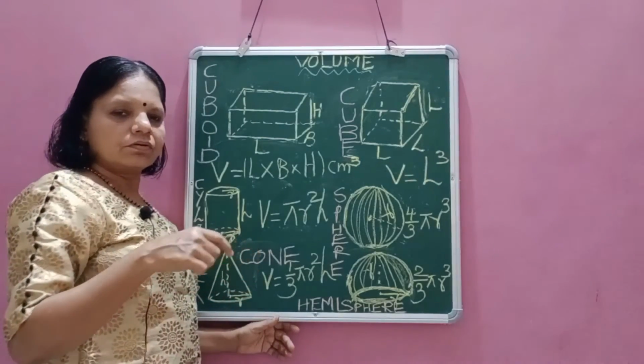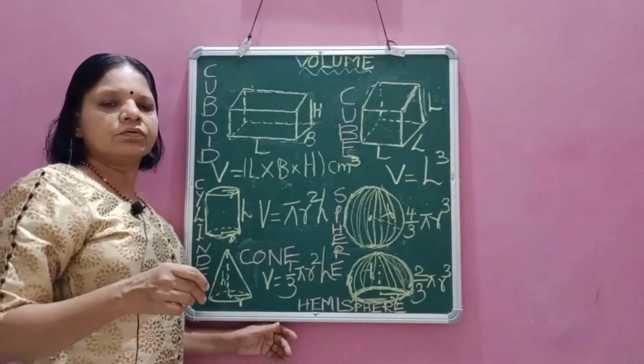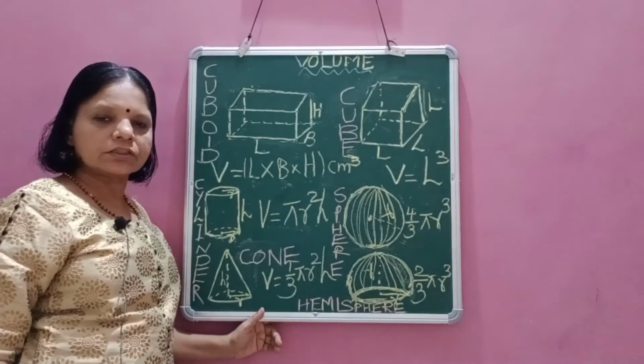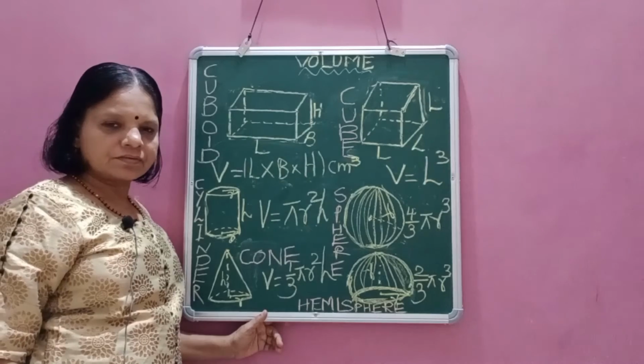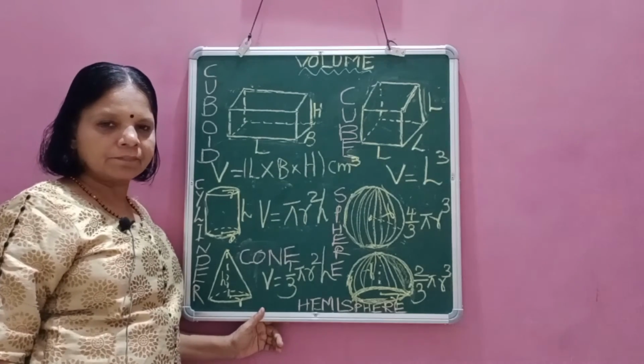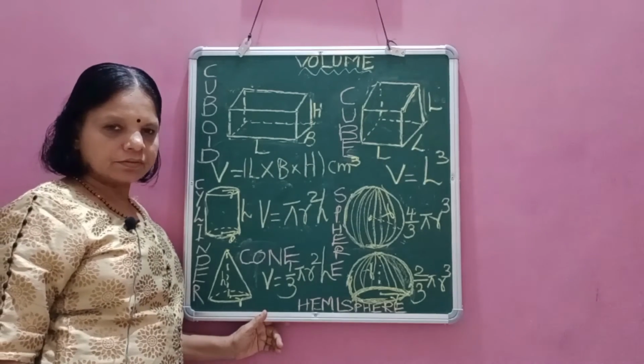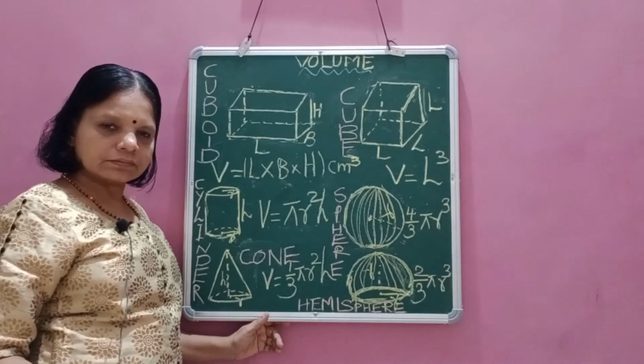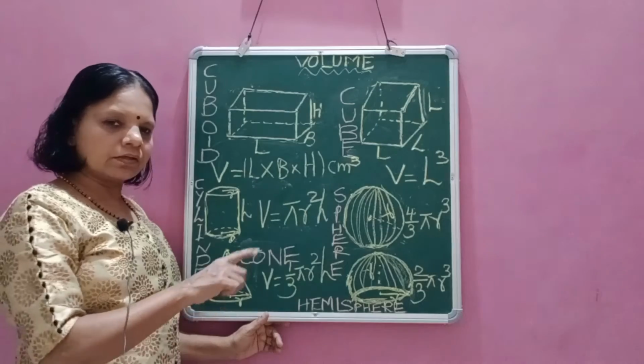Cone is also very familiar to you. Which object can you see in conical shape? Ice cream, birthday cap, etc. For that, how many faces are there? The lower face and the curved face.